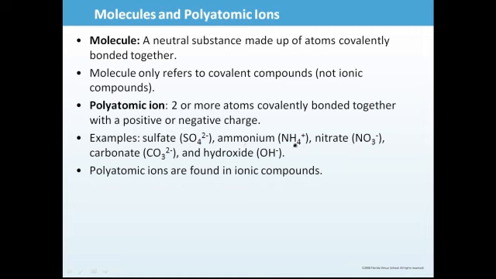All right, so ammonium, nitrate, carbonate, hydroxide, some other examples, they all are the same situation where we have 2 nonmetals covalently bonded together. But to make the bond happen, they either have to gain or lose some additional electrons, and that's where we end up having the charge.